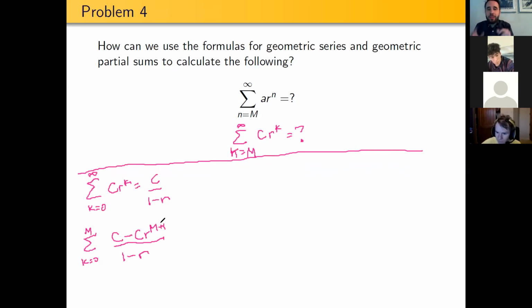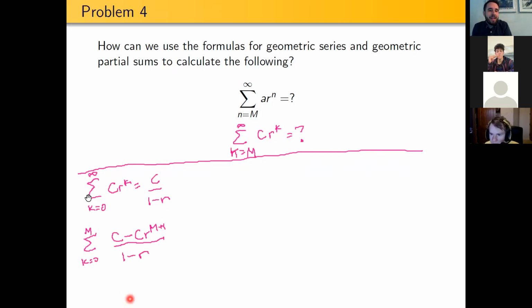And so it turns out we can actually use both of these formulas together to help us figure out this top formula. And we're going to do this as follows. First, I'm going to recognize that if I have this expression, this is adding up infinitely many things, while this expression is just adding up the first m of those things, then I can basically take this formula and subtract this formula to get this formula, where we just have to be a little careful with the indexes.